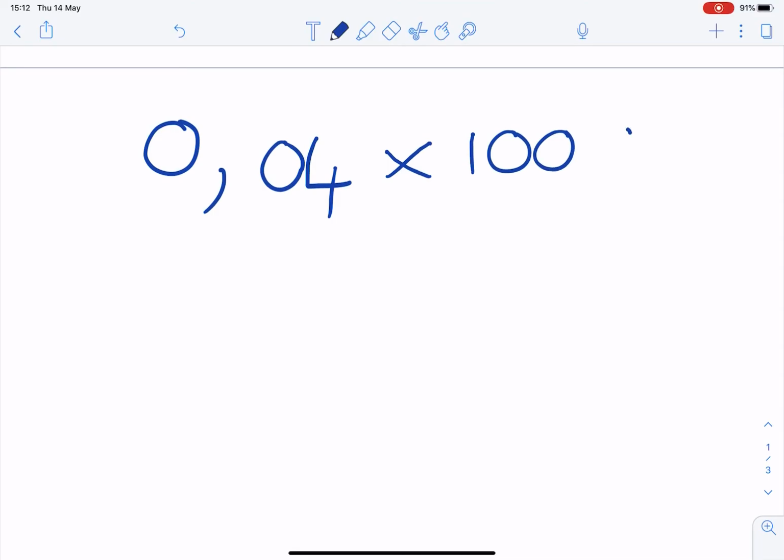Let's do another one. 0,04 times by 1,000. 3 decimal places. So that means that your number has to move 3 places to the left, which means your comma is going to move 3 places to the right, and it will be there.